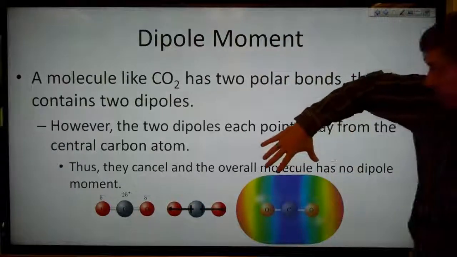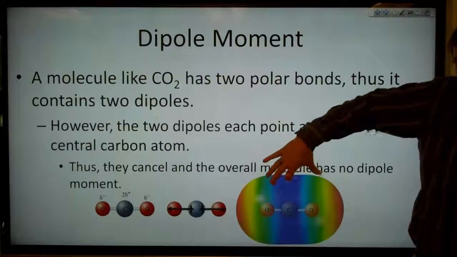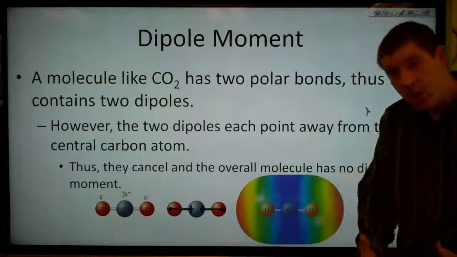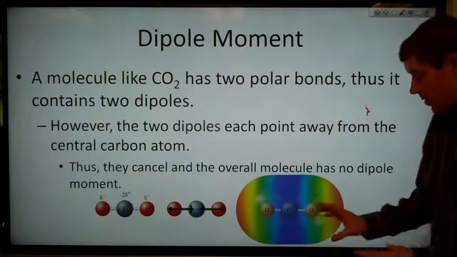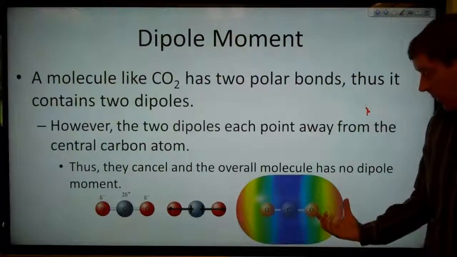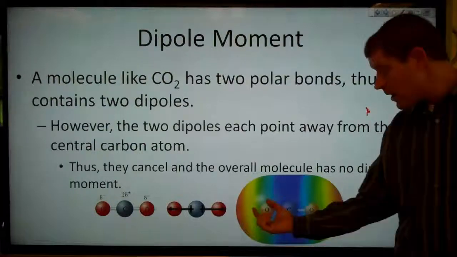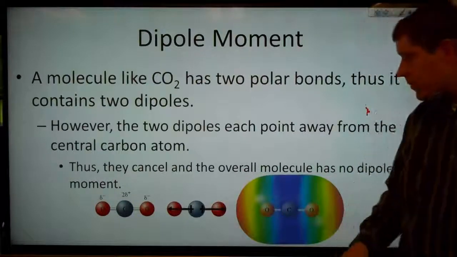We can display that with an image that looks something like this, where blue means a lower electron density and red means a higher electron density. We've separated the electrons and pulled them out, and we have a negative charge on the molecule here and there, and a positive charge on the molecule in the middle.